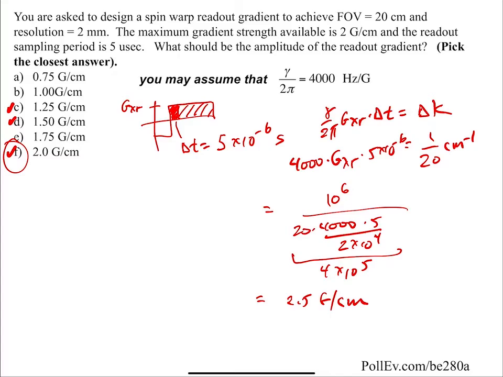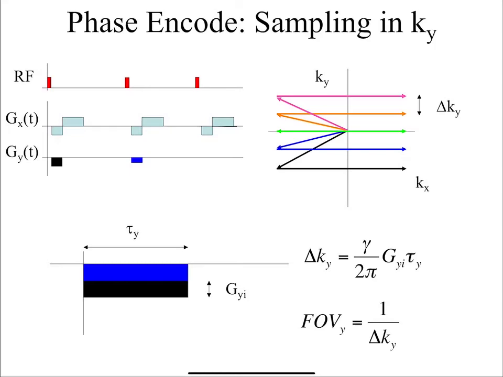Okay, so let's move on to the phase encode. Remember, we're doing these lines in KY, so we're sampling in KY. Now we care about delta KY first. The phase encode is slightly different because there are a number of parameters.